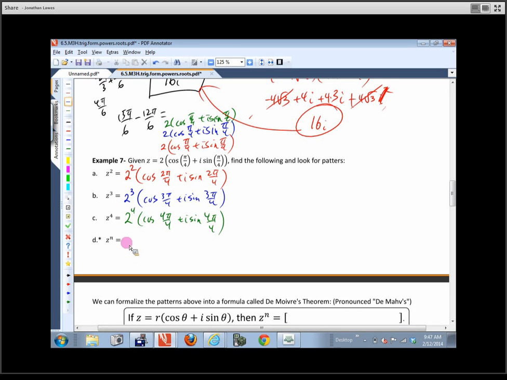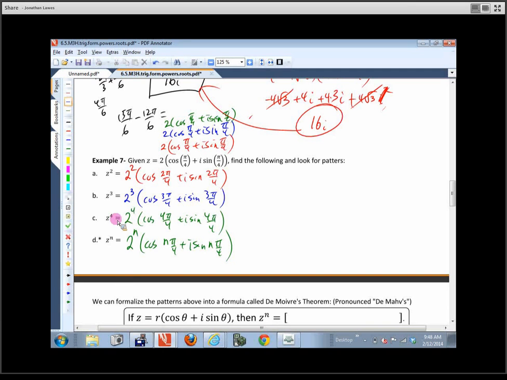What do I write here? Okay, so I write 2 to the n, and then cosine of n pi fourths plus i sine n pi fourths. So when we raise it to a power, think about what we do. We're going to raise the radius or the modulus to that power, but we're going to take the angle and we're just going to multiply it by that power.